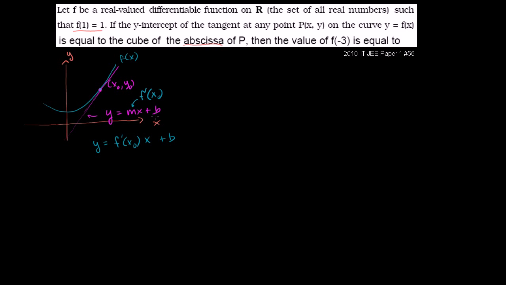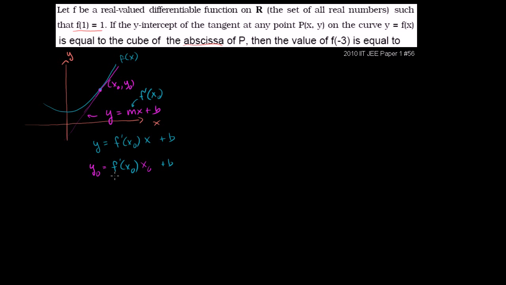Now, if we wanted to solve for the y-intercept, for b right there, we just have to find some point that's on this line. And we know a point that's on the line: x naught, y naught is on the line. So let's substitute x naught and y naught into this equation and then solve for b. So we have y naught is equal to f prime of x naught, that's just the slope, times x naught, plus b.